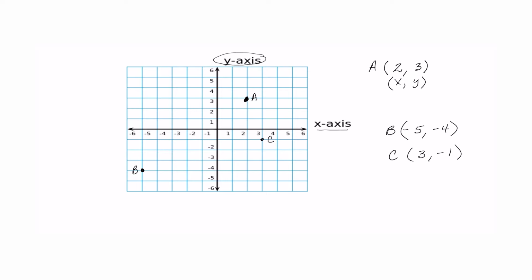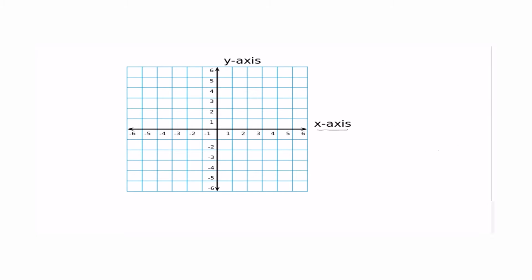Now, let's suppose that we were plotting a graph, and our graph had a series of points. What would that look like? So let's say that we have a line, a linear function, and the points that we're looking for are 2, 4, and 4, 5.